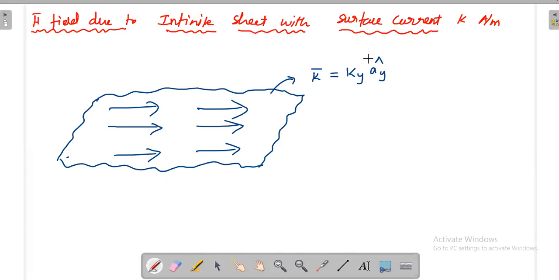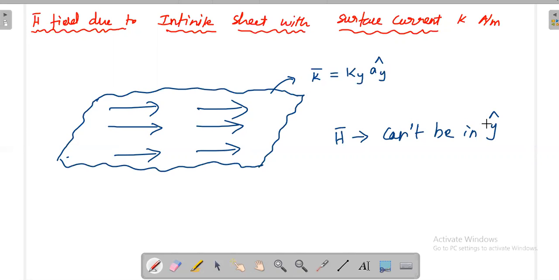Now finally you should know what will be the direction of the magnetic field. But one thing is very clear: the magnetic field cannot be in y direction, cannot be in y cap. Why? Because the magnetic field will be perpendicular to the current.